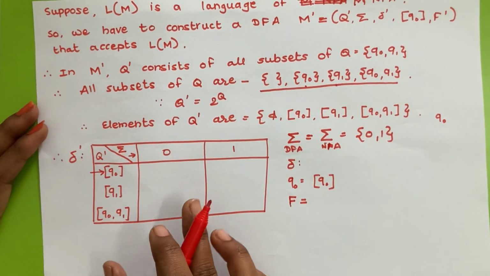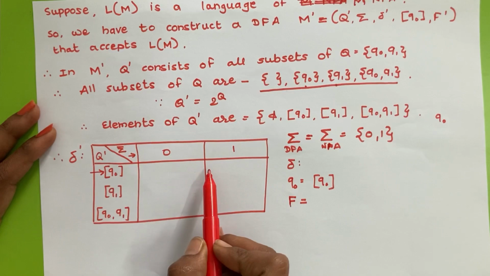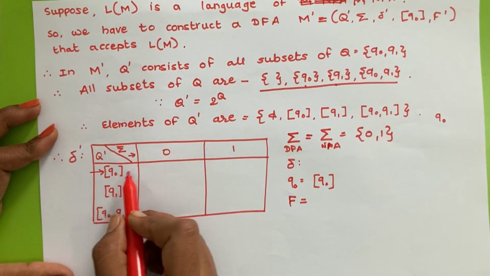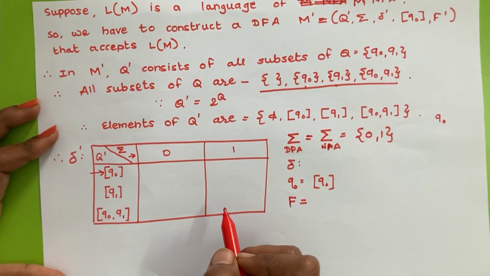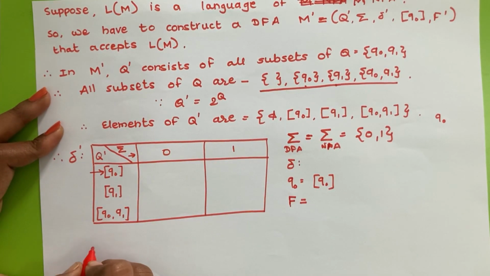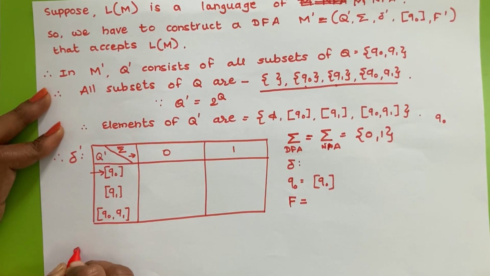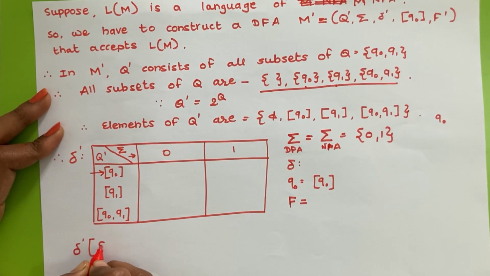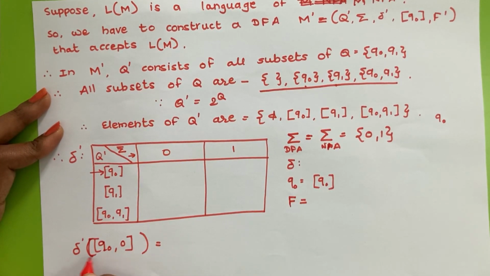Now we will start to find the transitions for the DFA. So how will these transitions be found? For that purpose, delta dash of Q0, 0, we have to find this.